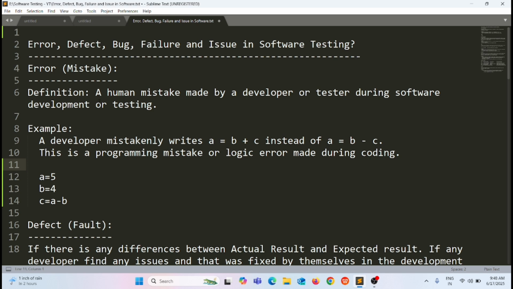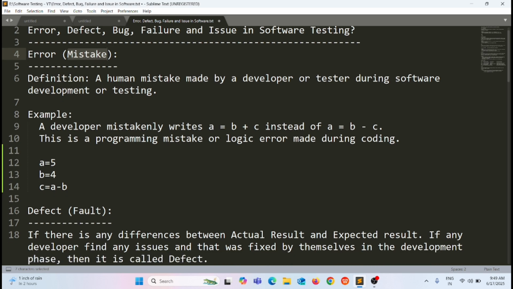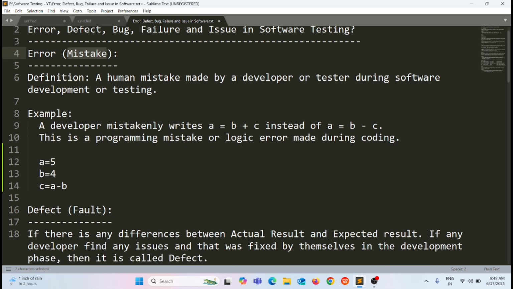So a human mistake made by a developer or a tester during software development or testing is called error. Error is also called mistake. Whenever a human makes some mistake, that is called error. So this is the definition of error.